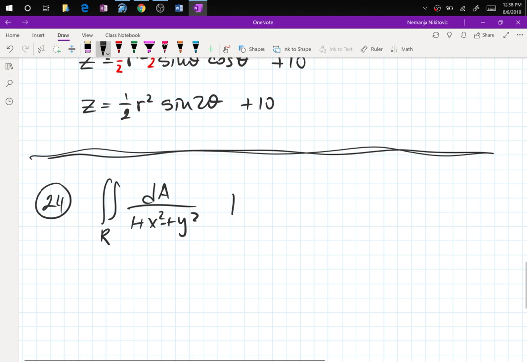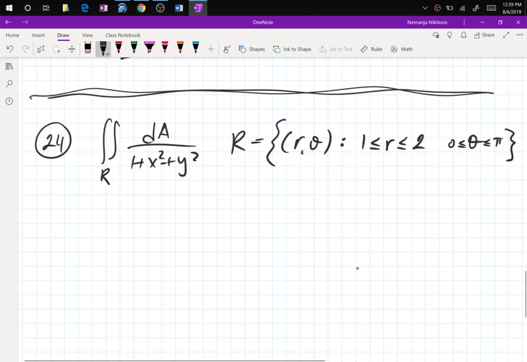And then region R is given in terms of r and theta already. r is stuck between 1 and 2. Well, that means it's an annulus, right? There is a hole inside. And then theta is stuck between 0 and pi. We are not going the full circle.